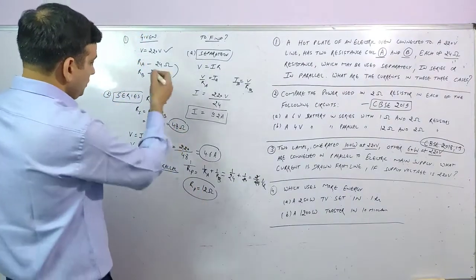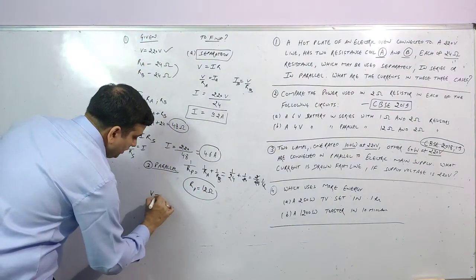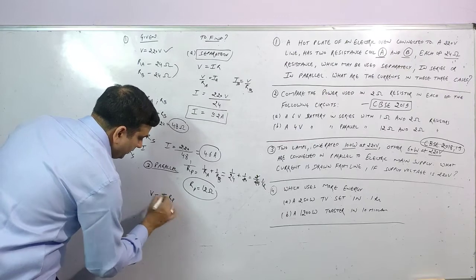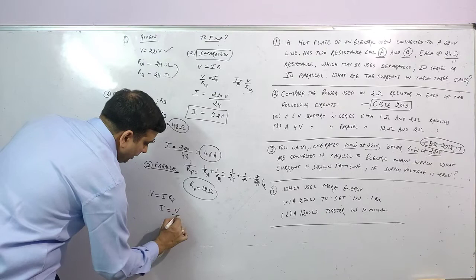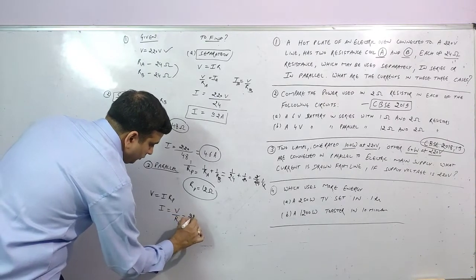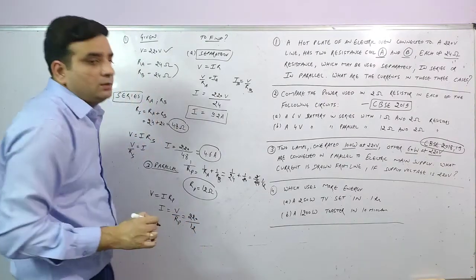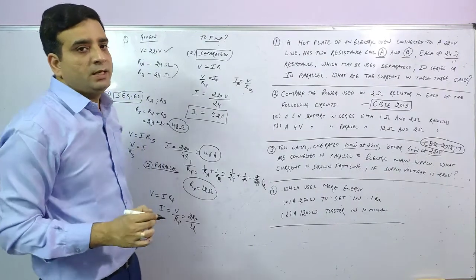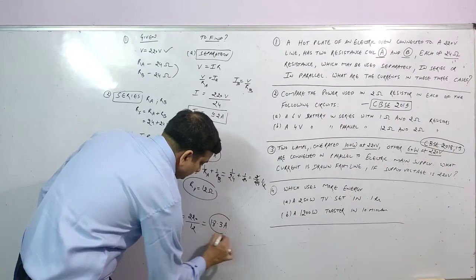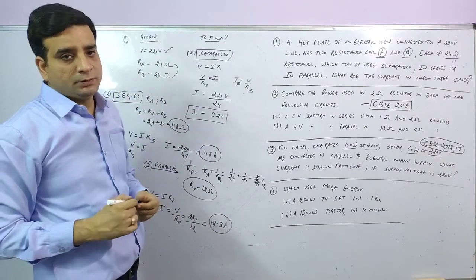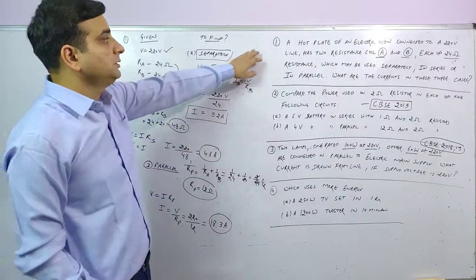Now we will again use Ohm's law. V is equal to I RP, resistance in parallel. I is equal to V by RP, 220 by 12. By dividing this, you will get 18.3 ampere.